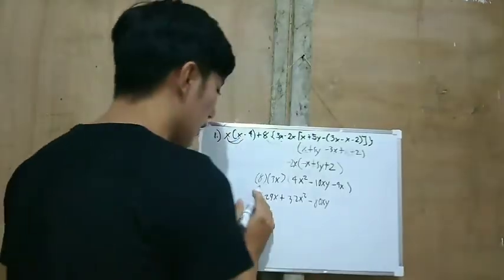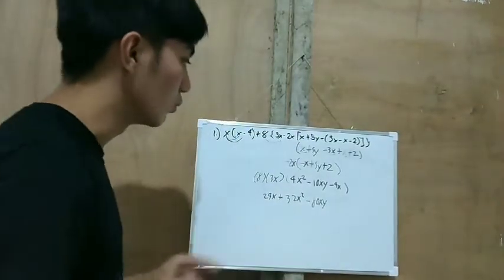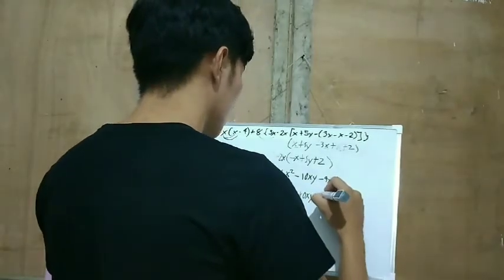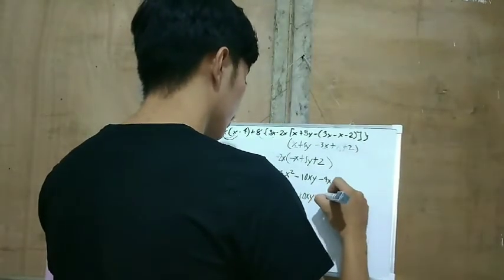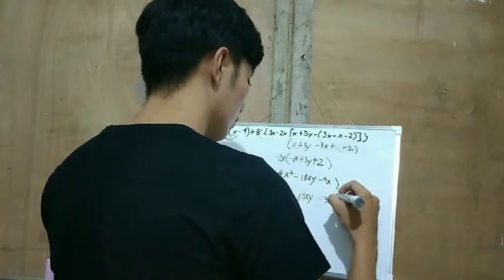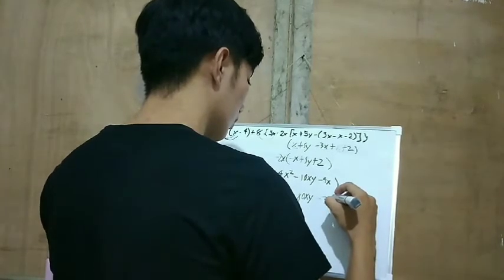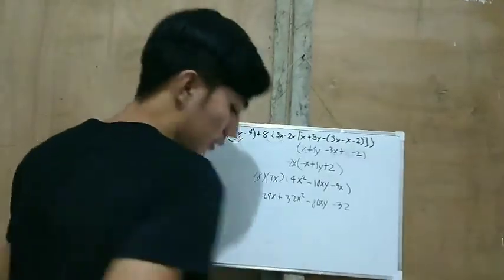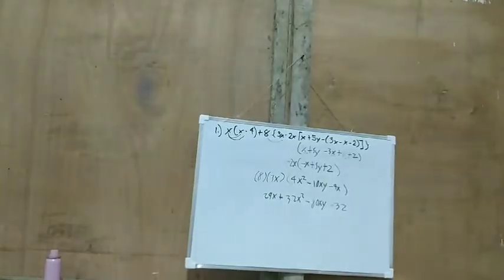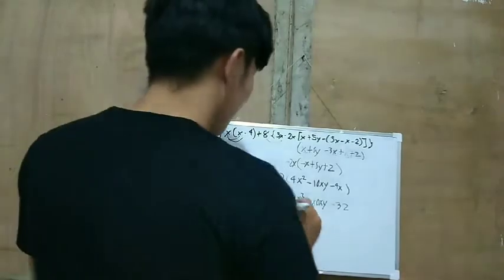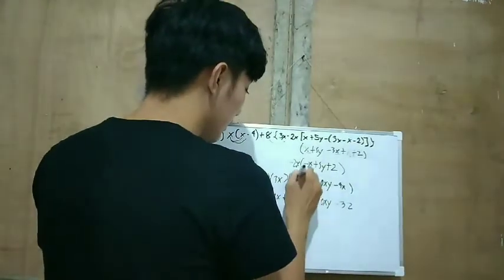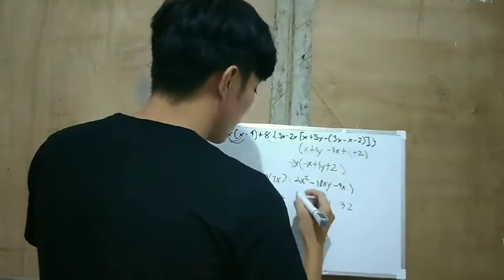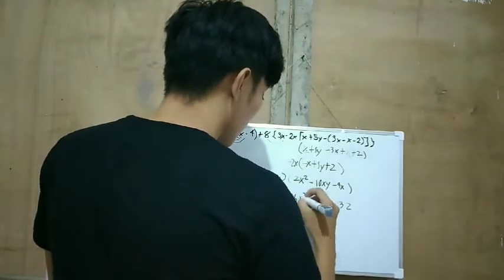And last, multiply 8 to negative 4x, and that would be negative 32. Oh, I'm sorry. I mean positive 2x squared, and that would be 16x.